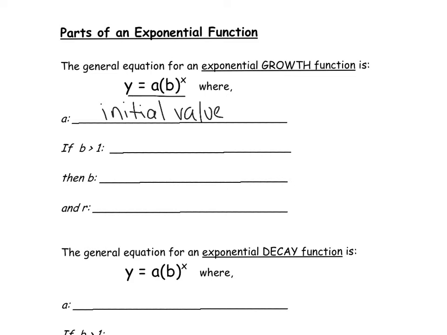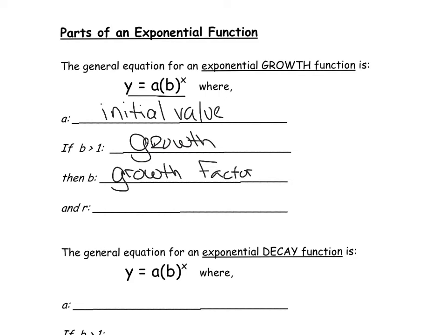Okay, and we talked about yesterday, if b is greater than 1, then it's going to be exponential growth. So b we're going to call our growth factor.